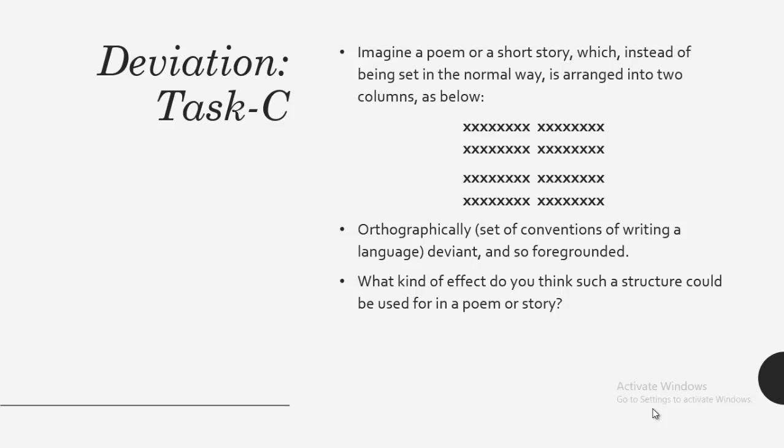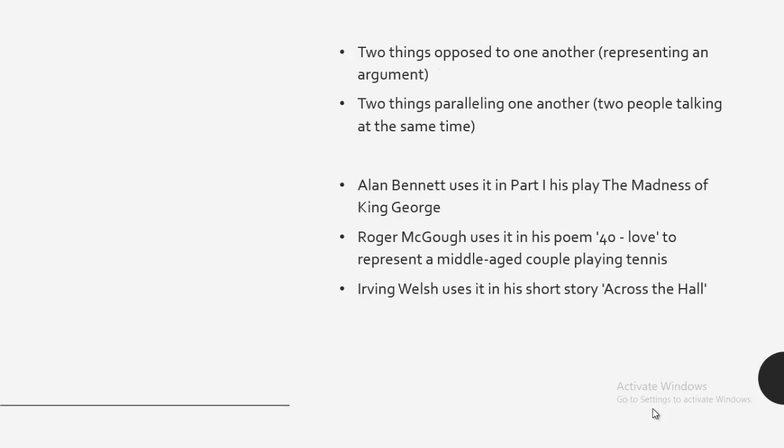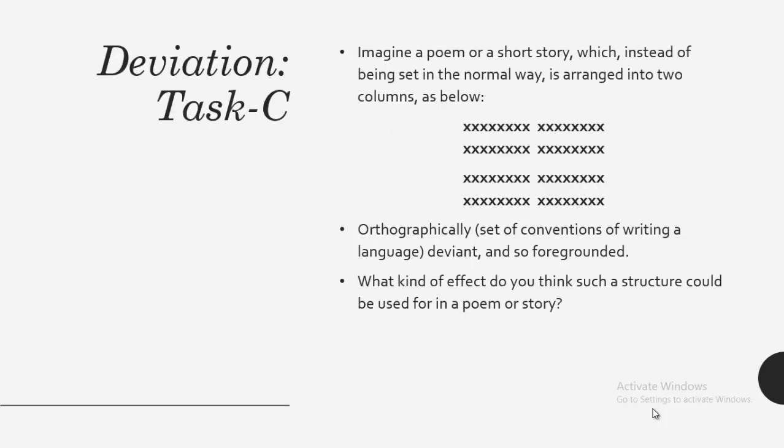Their rooms are adjacent to each other, and there is only a single wall between those two people. And both of them, the boy and the girl, are thinking about each other in their separate rooms. So in order to represent their thoughts, the short story writer has used this shape, this column form.